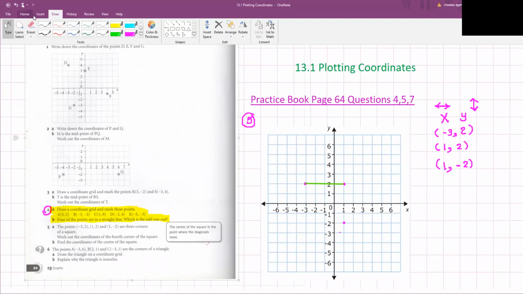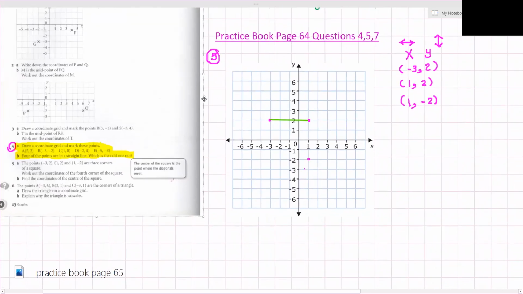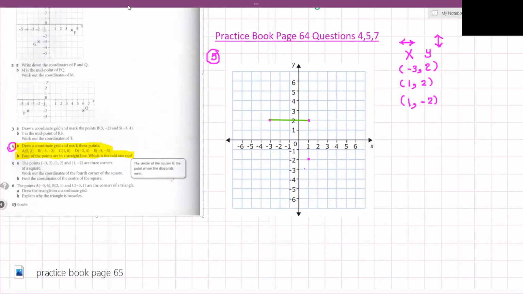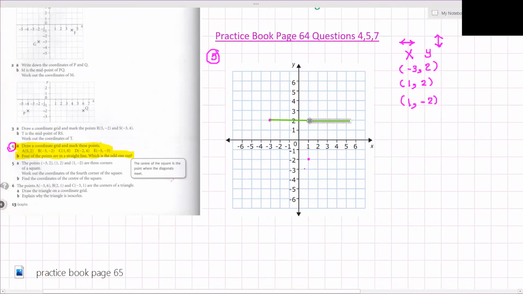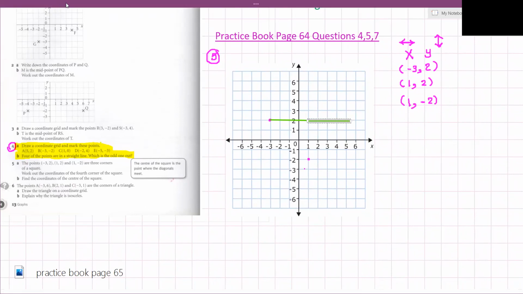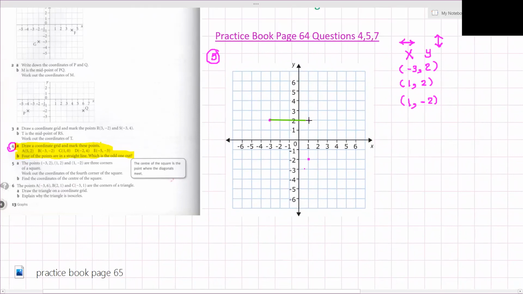Now we need to join these two points together with a line.